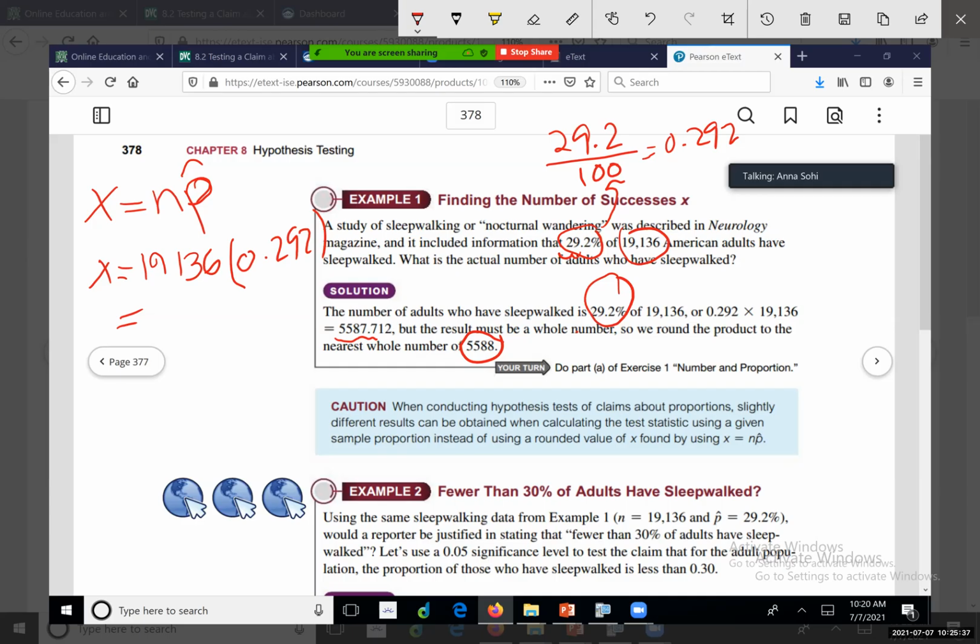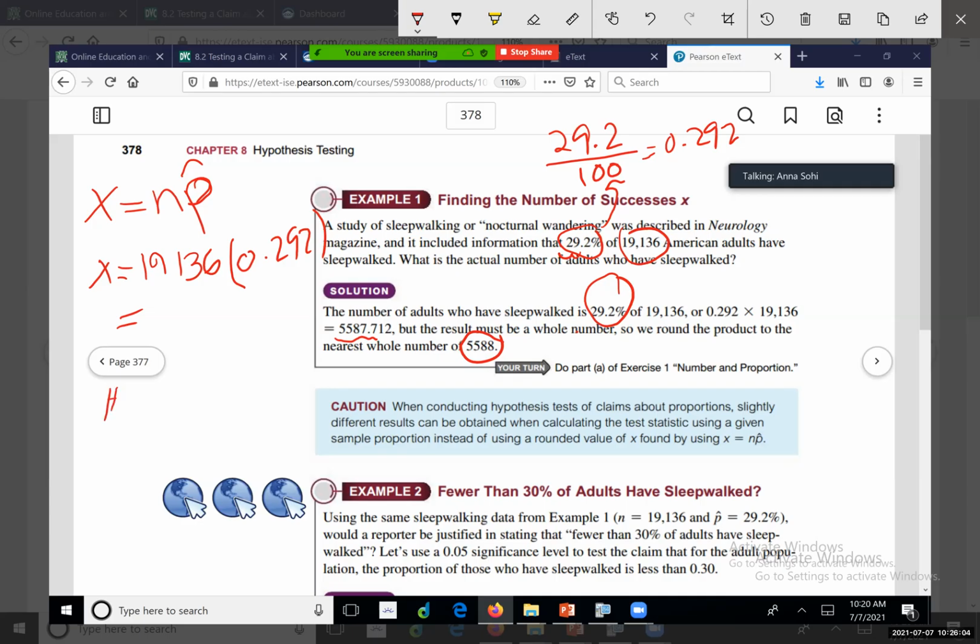Now you claim that fewer than 30% of adults sleepwalk. Just by sample, you cannot say yes, that's true. You need to know if that's significant enough for the population. Your sample should be supportive of your claim. Less than 30%, yes, my sample is supportive. Now I need to do the testing.